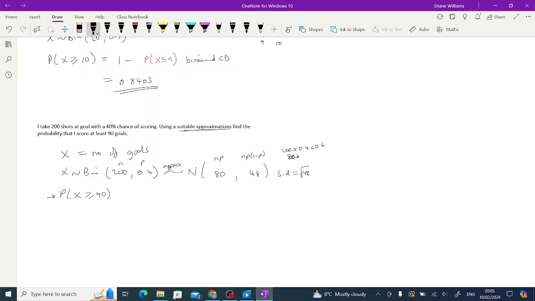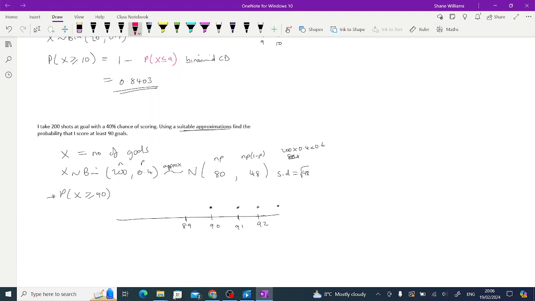However, we've got another issue. On a discrete distribution, you can only take the whole number values. So I want to know the probability of being greater than or equal to 90. So I want 90, 91, 92, 93. On a binomial, I can only take whole number values, but on a normal distribution, I can take values like 90.7, 91.3. So what value should I allocate 90.3 to?